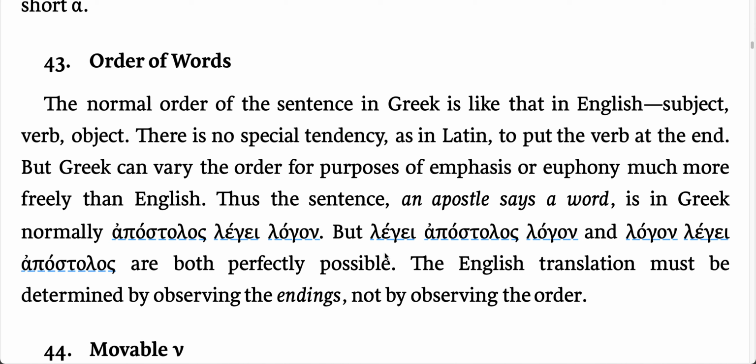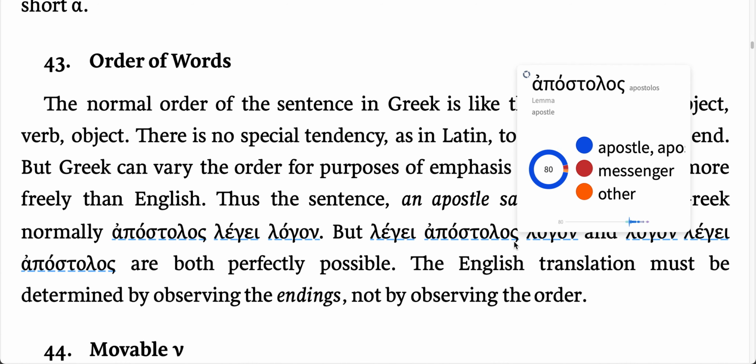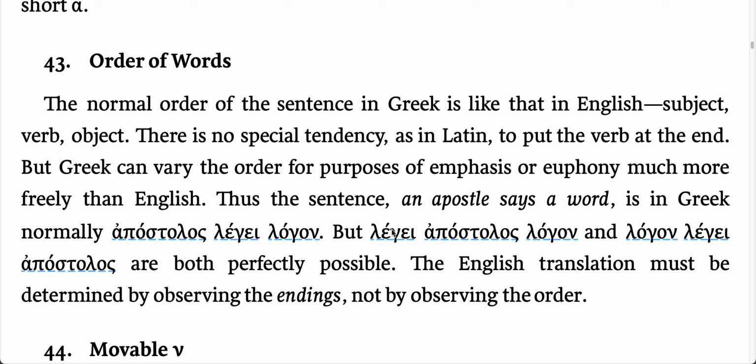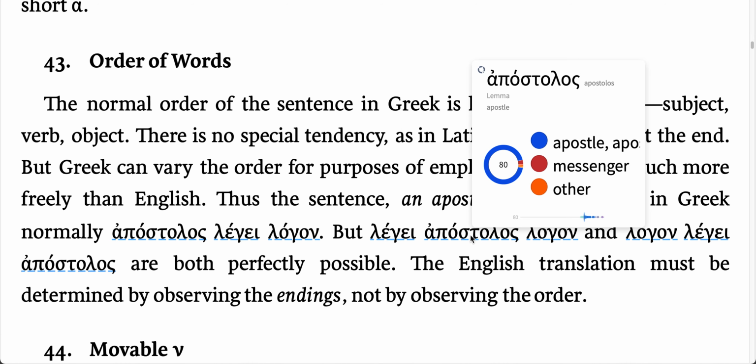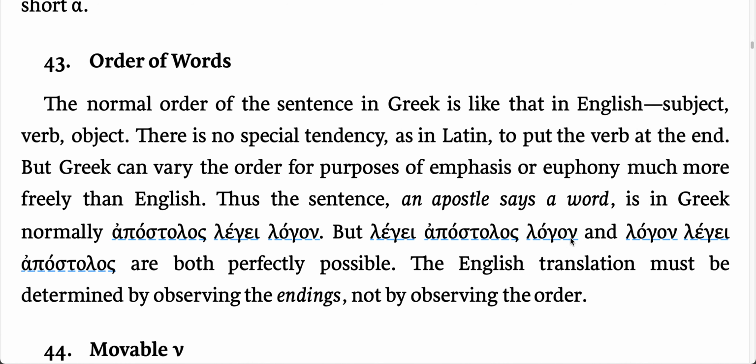Why? Because it's not about order, it's about endings. When you see the endings, if I see this, I know that's a verb. If I see this, I know that that's nominative singular. So I know that it comes in my translation before the verb, even though in Greek it appears after. And I know that's the accusative because of the form of the word, how the word looks.